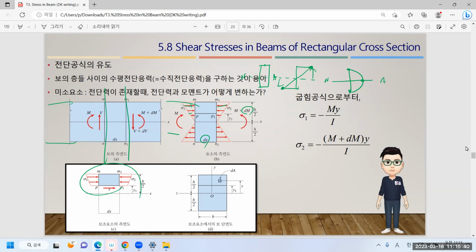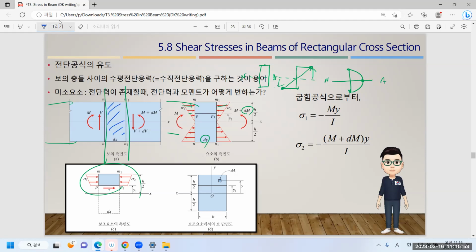Once we pick a small element from the entire beam, for example the mid section, let me bring my pen. Okay, look at this one.